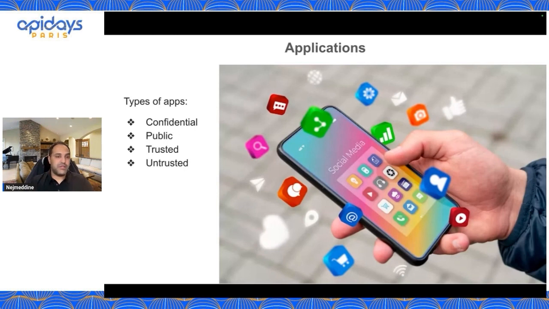A public application is an application that is not developed by your team and can also be used to access your application. Trusted applications are applications that you can trust because you are the developer. An untrusted application is an application that can be used to access your APIs.